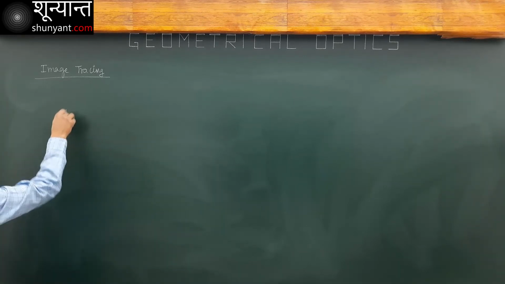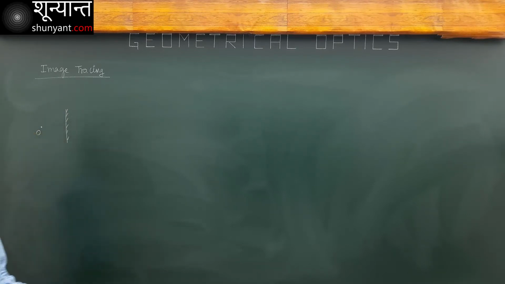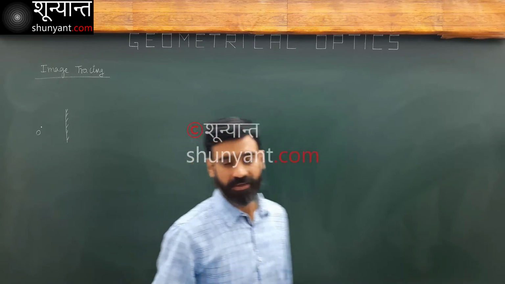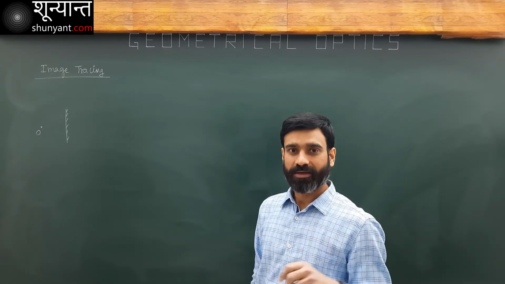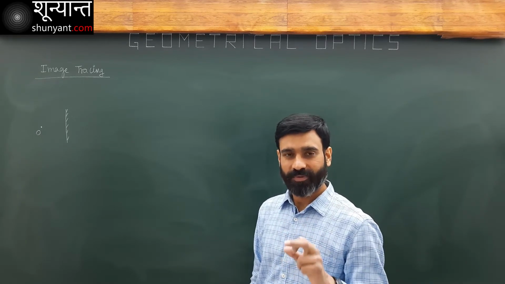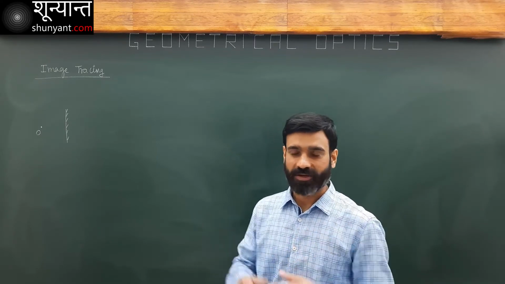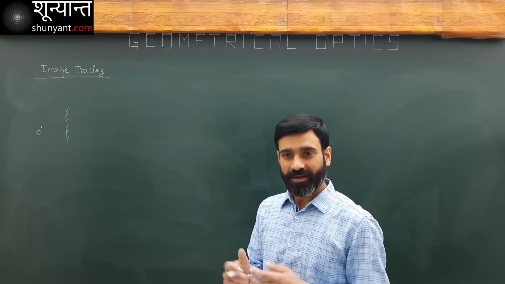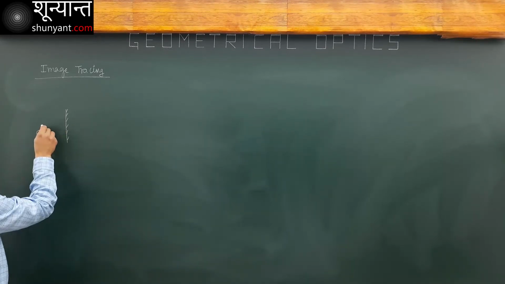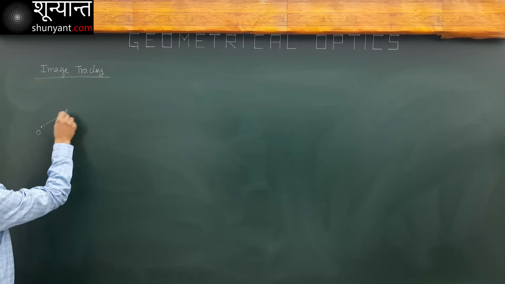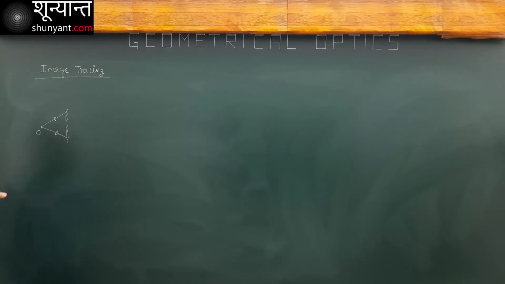I have one plane mirror here, and there is one object. I want to locate its image, to trace its image. What do I do? We understood in the plane mirror that to locate the image, I need a minimum of two light rays. So we take any two light rays, whichever you find suitable, and then look at the reflected light rays. From the reflected light rays, you will be able to find the image. So let's take one incident light ray here and the other light ray here. Any two light rays, remember.